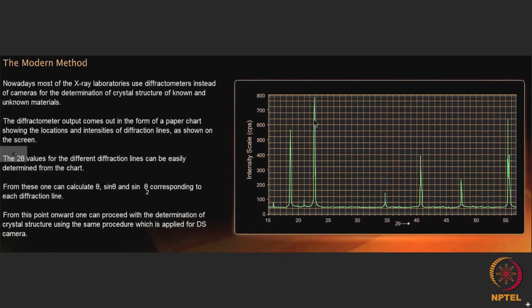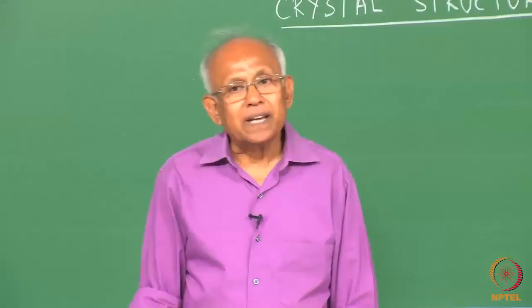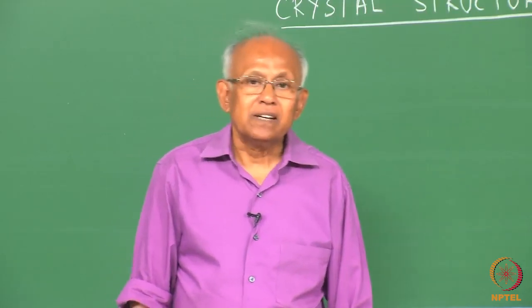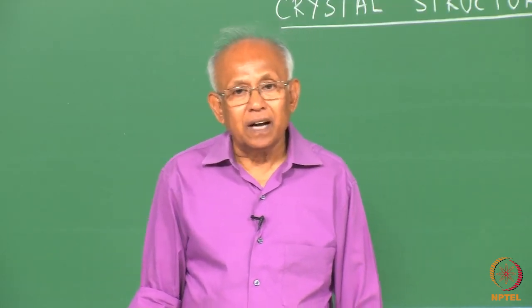All these high intensity lines are similar to the lines which appear on a photographic film in the Debye-Scherrer camera. So, one advantage of the diffractometer method is you can accurately read out the value of theta for each and every line from the chart. And once you determine the value of theta, using the same method as before we can find out the value of sin theta and sin square theta, and from there we can follow the same procedure as we did with respect to Debye photographs.